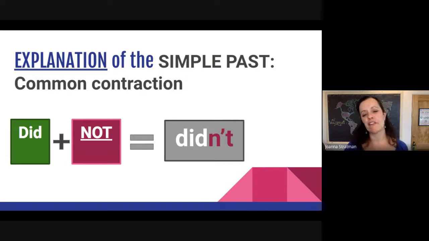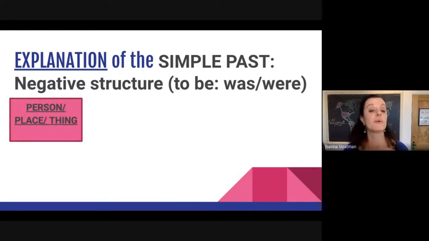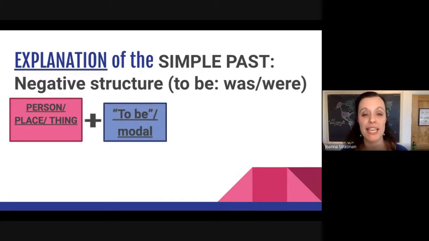Of course, my friends, there is an exception. The verb to be is always an exception. We never use do with the verb to be. For example, we start with a person, place, or thing. Then we have the verb to be.